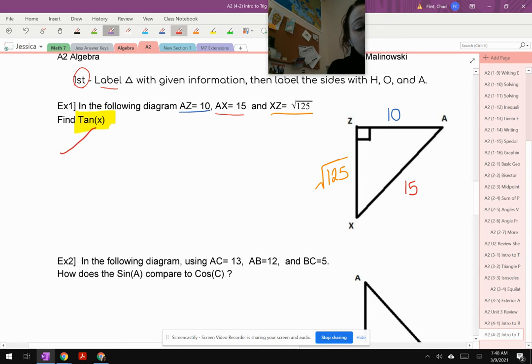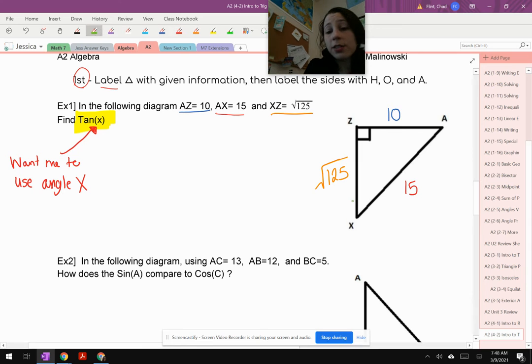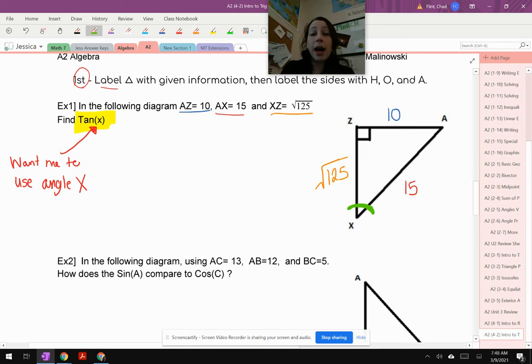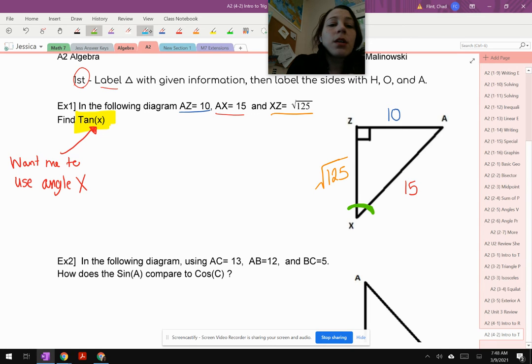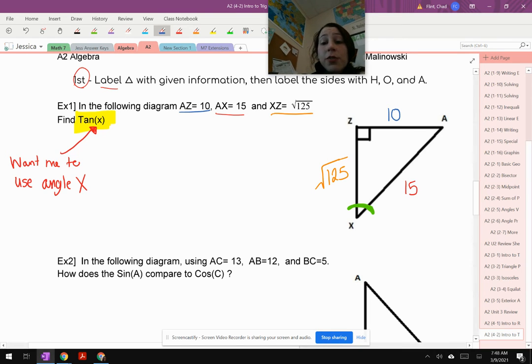That means that they want me to use angle x. So angle x is the angle we're going to be looking at, labeling the hypotenuse, adjacent, and opposite from it. From 4-1, we know that the hypotenuse is always directly across from the right angle.